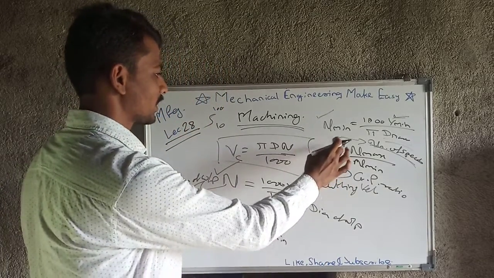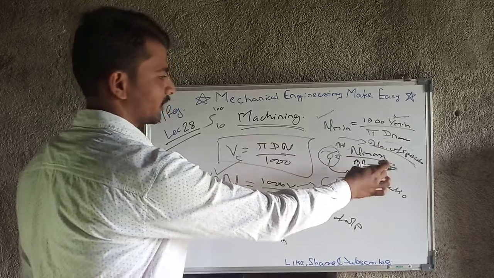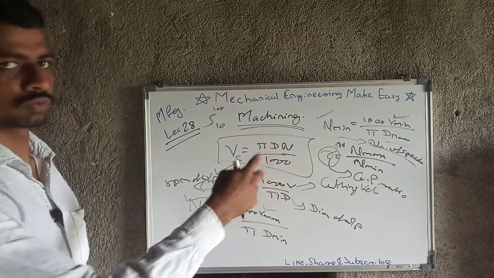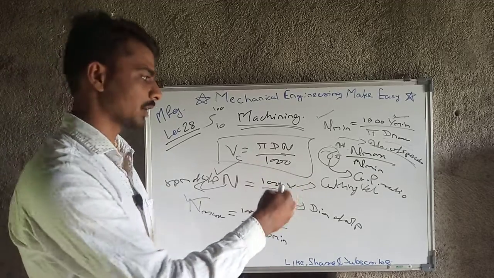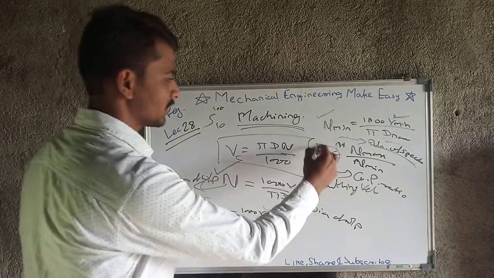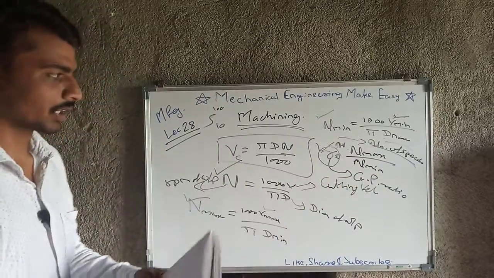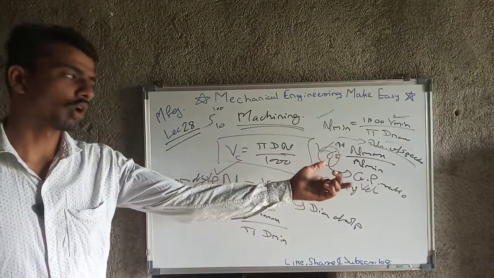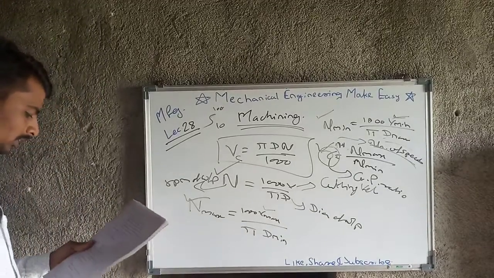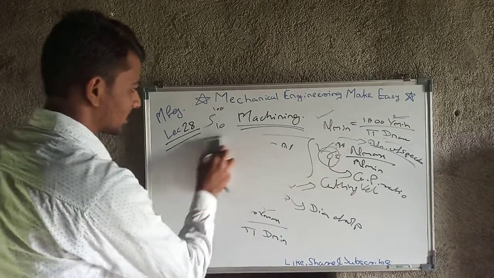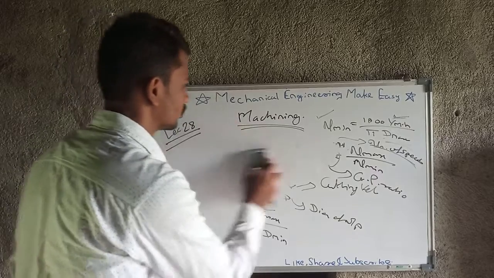R raised to 4 equal to 100 divided by 10, so ultimately R raised to 4 equal to 10, so the 4th root of 10 will give us the value of R. Okay, and that's why I have given you this formula, that there may be one small numerical asked on this formula.